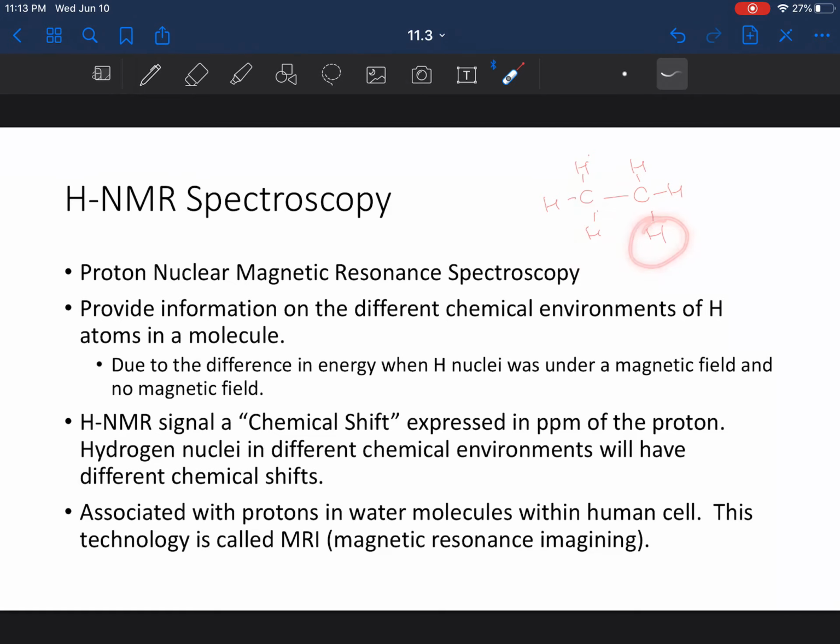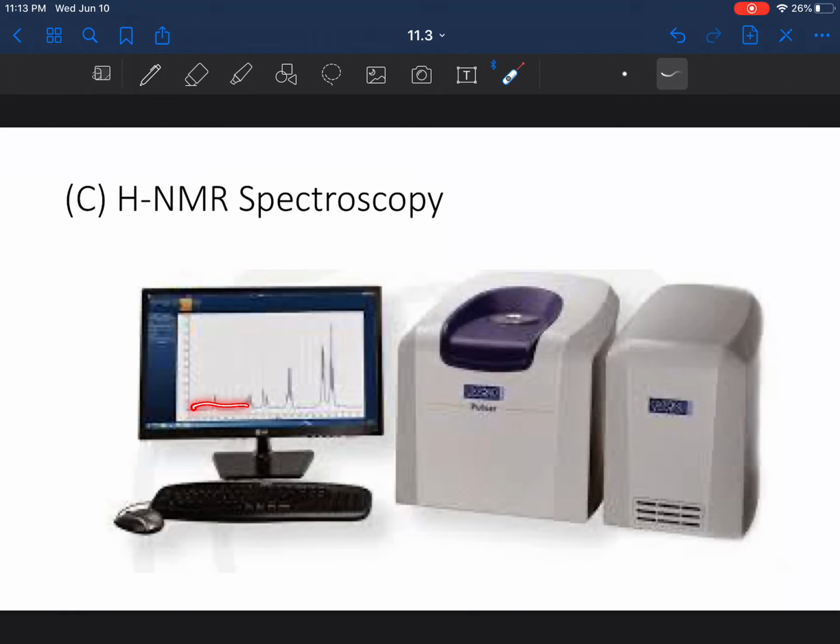Can you say the same thing about this one? Well, let's try. This hydrogen is connected to a carbon that is connected to 2 hydrogens and a carbon. Oh, these are also the same. So again, just one hydrogen environment, and just one peak.